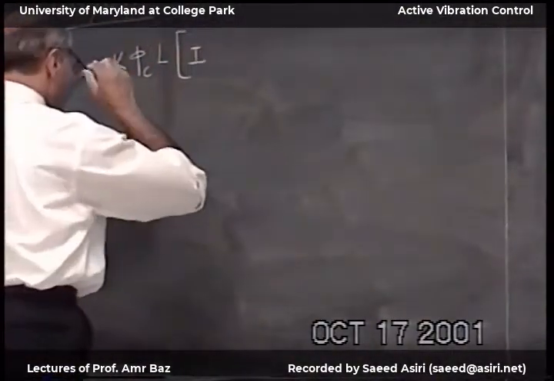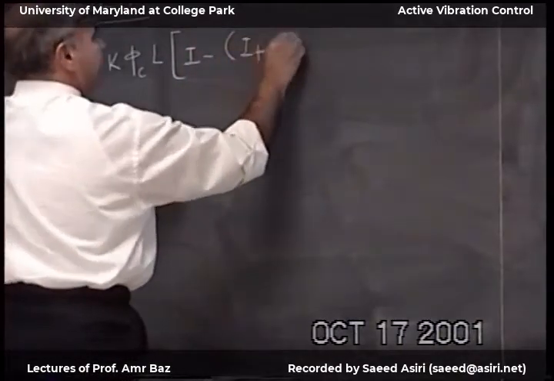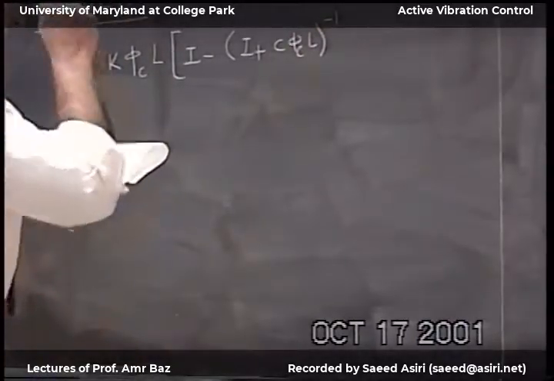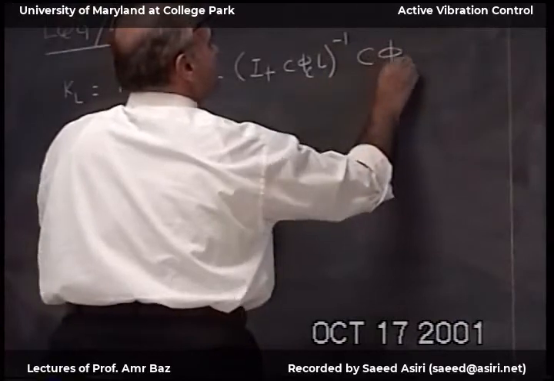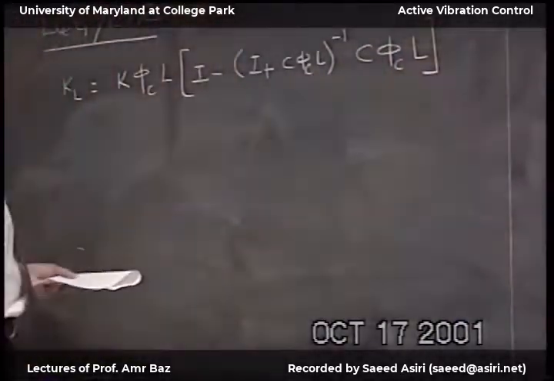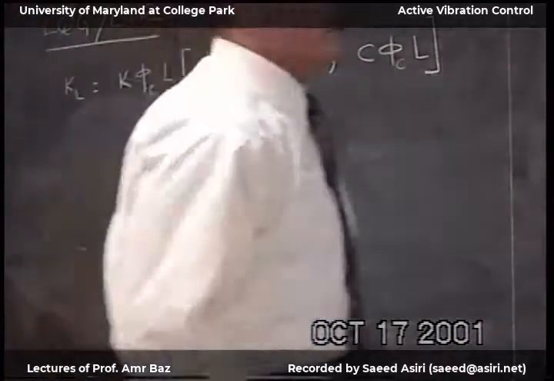And then this would be identity minus identity plus C, phi C and L inverse, and C, phi C and L. So we have K, phi C and L, and then we have C, phi C and L.